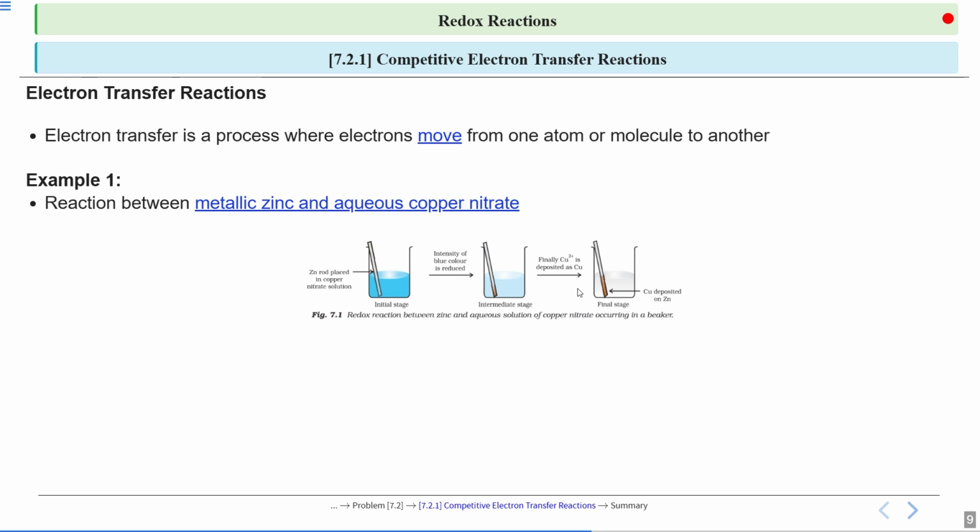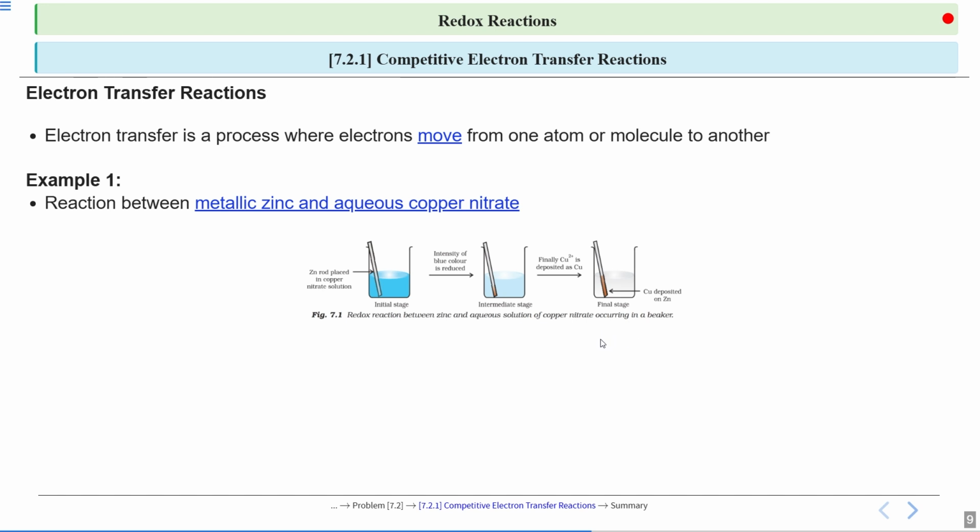And finally, what would happen? You will find that in the final stage the blue color would completely vanish, and some brown colored substance would be deposited over the zinc rod. This is the reaction that has taken place between zinc and an aqueous solution of copper nitrate in a beaker.